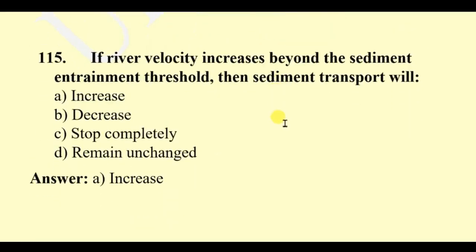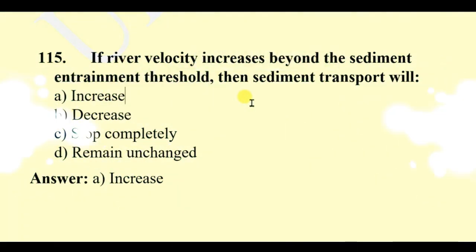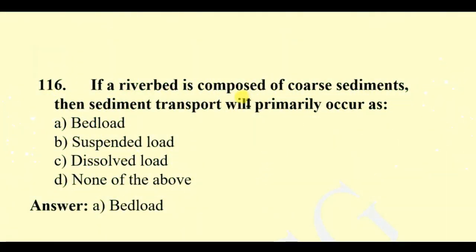Question 115. If river velocity increases beyond the sediment entrainment threshold, then sediment transport will increase, because beyond the entrainment threshold means transport threshold is crossed, so of course sediment transport will be increased. Question 116.